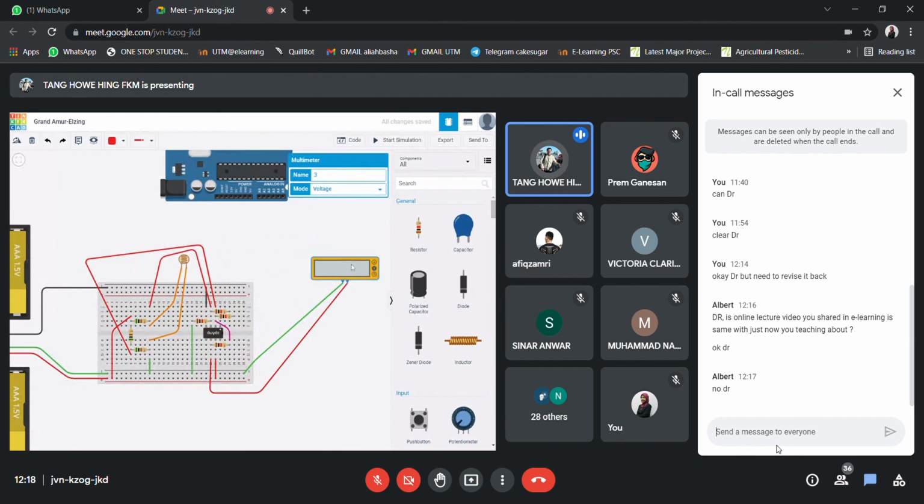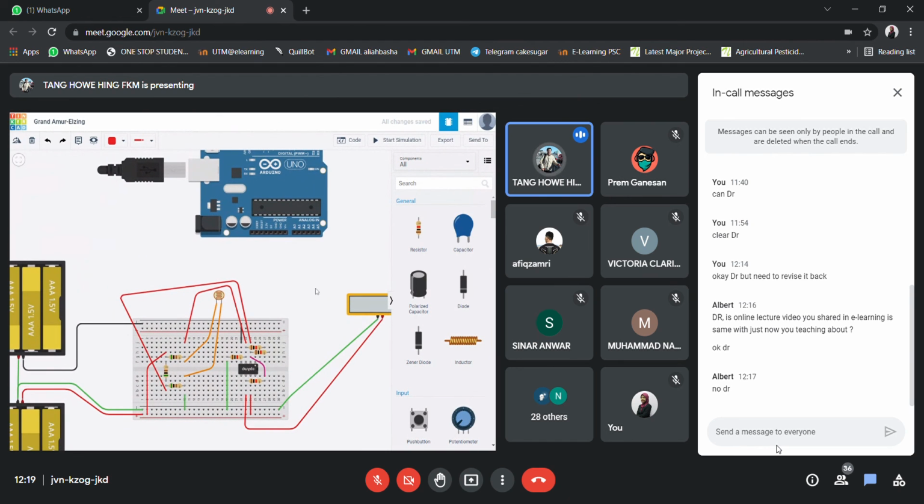Let's say if I want to get these readings by Arduino Uno and display them in the serial monitor. What I need to do is first connect this output, the output readings from the differential amplifier, and then directly enter into the A0.